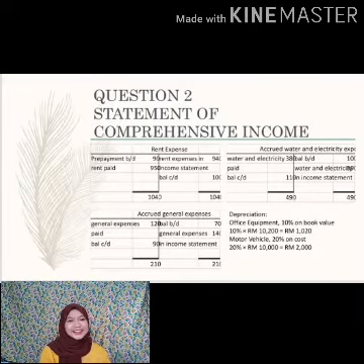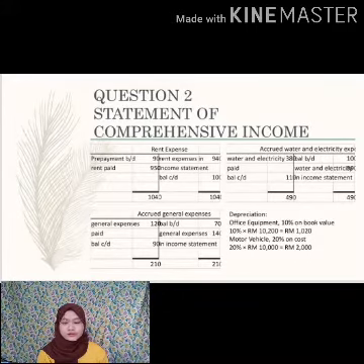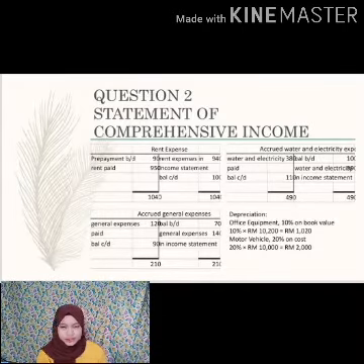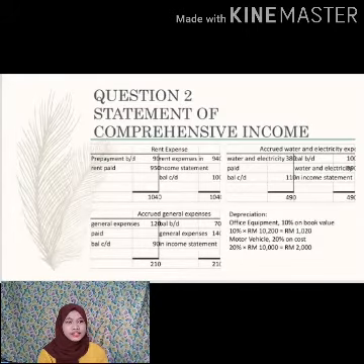Hi! Again. So I will continue to explain the answer of statement of comprehensive income. So before that, we must know that in this question there are missing items. So we need to find them one by one. Okay? So first, rent expenses. We need to find the rent expenses in the income statement.